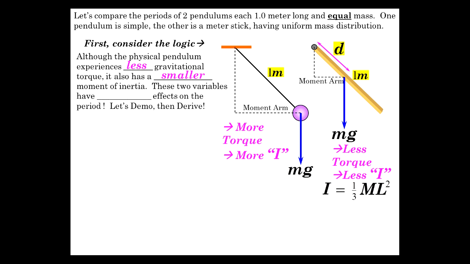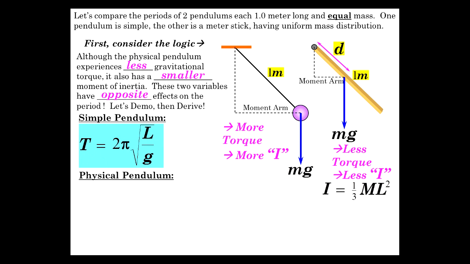Those are going in opposite directions. Less torque, but a smaller moment doesn't take as much to accelerate it angularly. So who wins? The two variables have opposite effects. So you better tell me to demo this. Right now we'll just derive it. Have me demo it in class so you can see how we can prove what we're about to demonstrate with the equations.